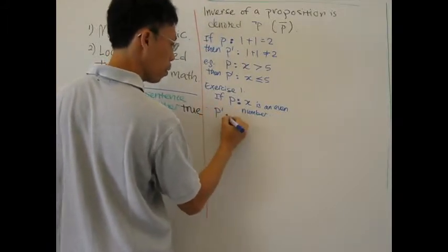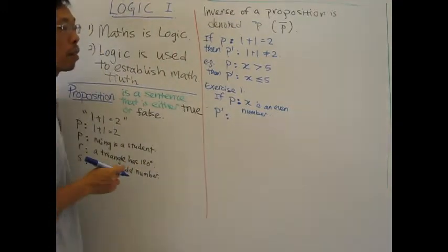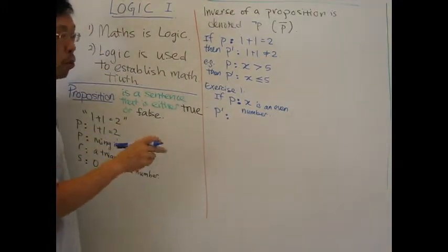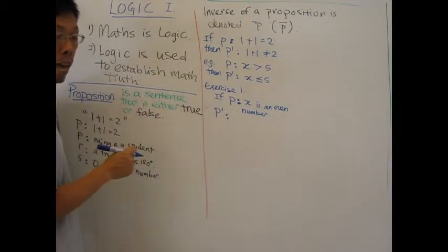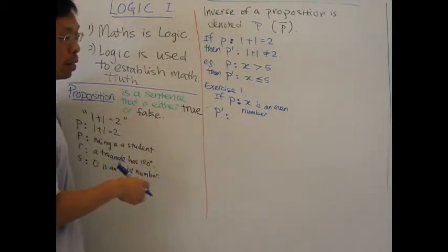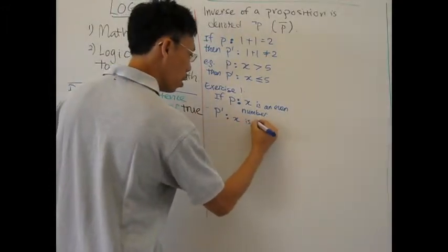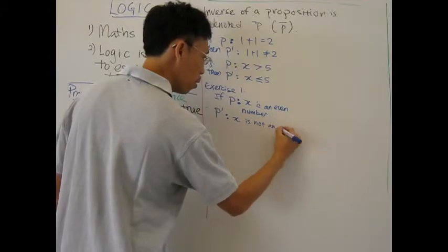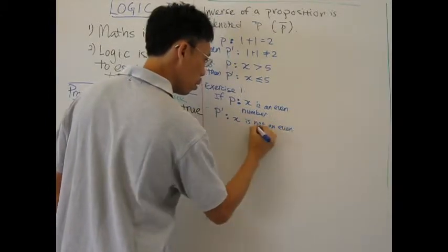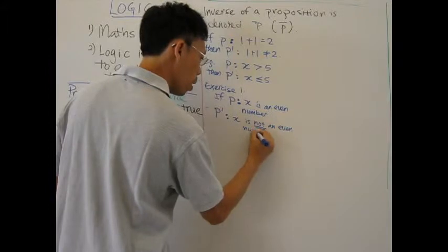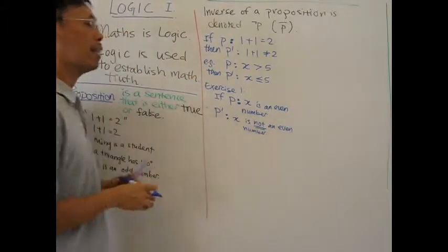If you are done, you may want to pause the video while attempting this, and then once you're ready, play the video again. The inverse is x is not an even number.